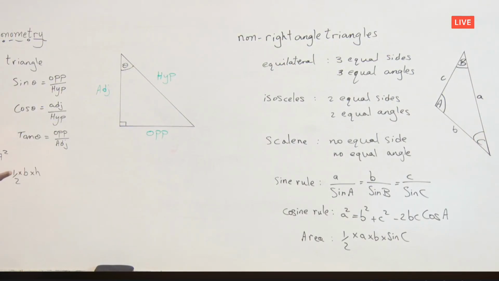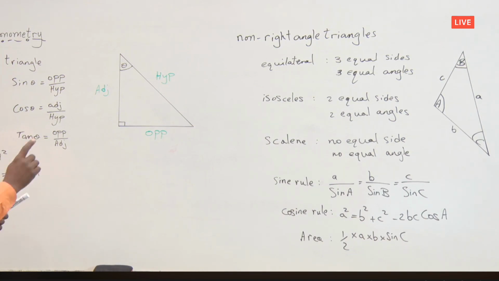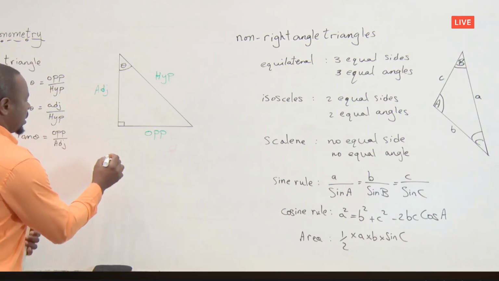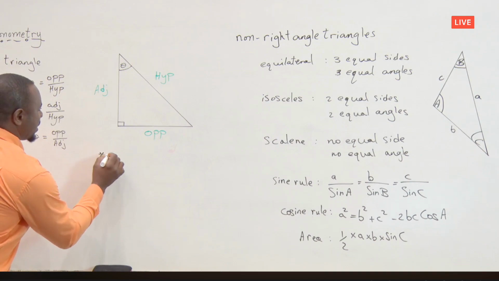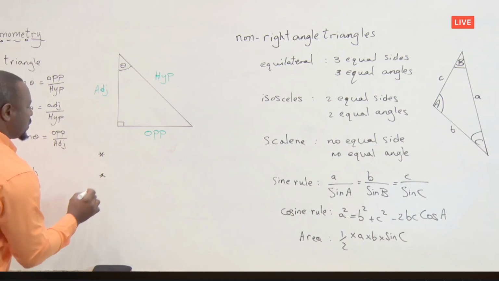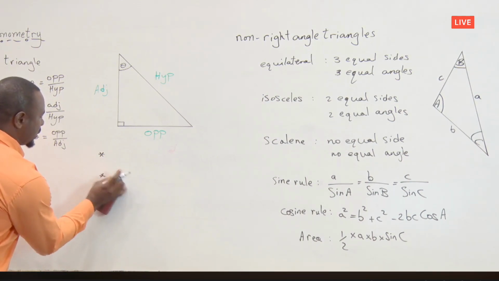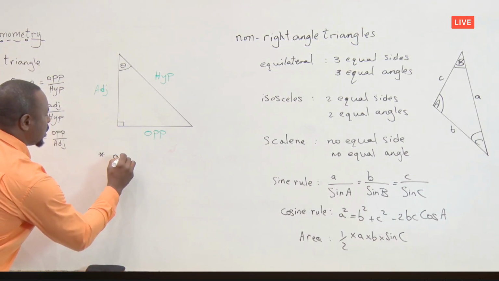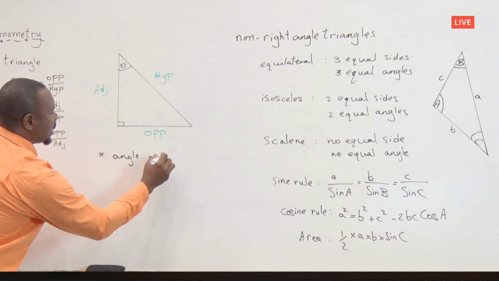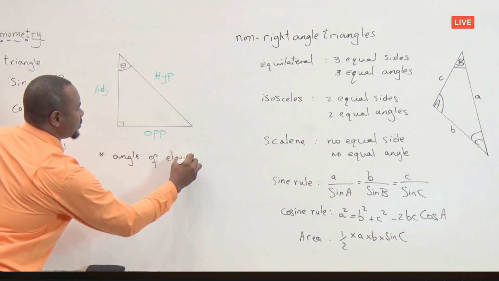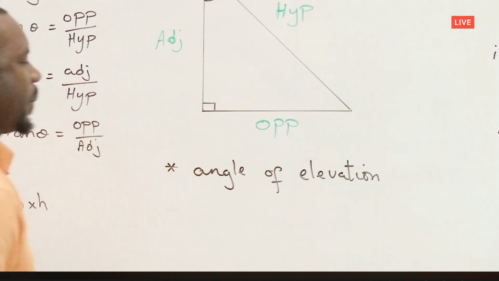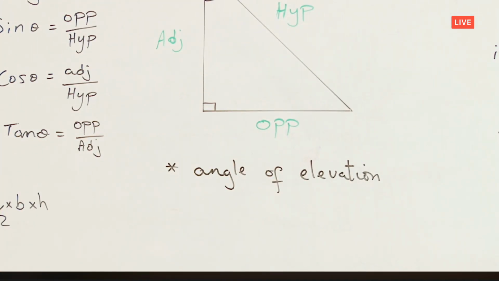Our last class on Tuesday, we introduced two more concepts. And Mr. Renson Humphrey would have done a good job with this one. And he spoke about what is called the angle of elevation. Okay? So the angle of elevation is quite simple.